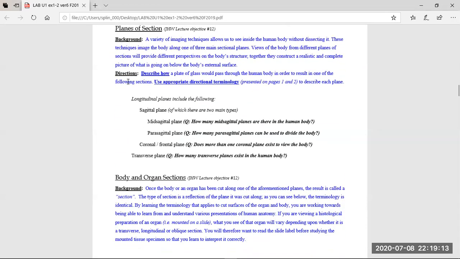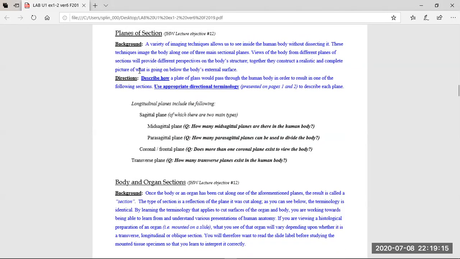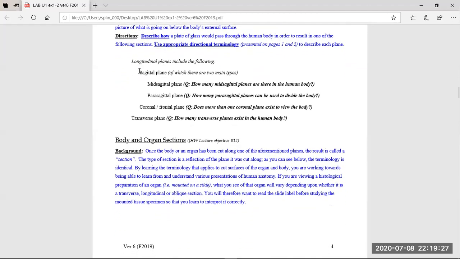So now moving on to planes of section. Whenever we're viewing an MRI, if we're dissecting, we're cutting in an appropriate plane, and we have the descriptions here. So we'll start out with a longitudinal plane. This is now a plane that runs the length of some specimen.